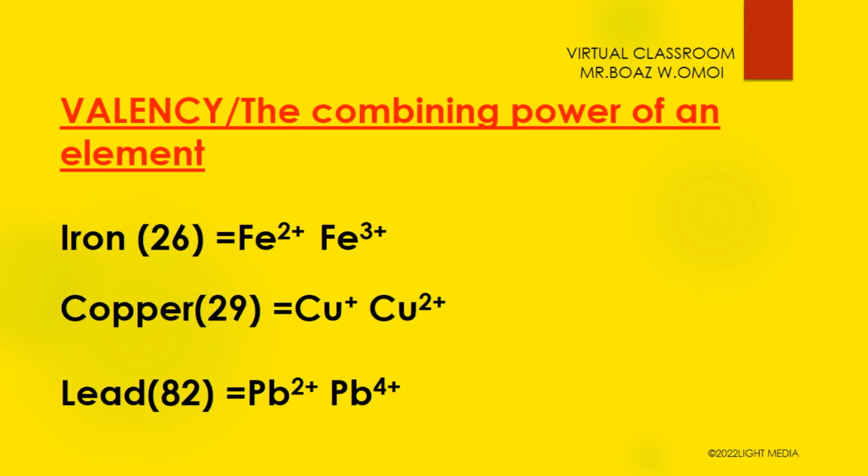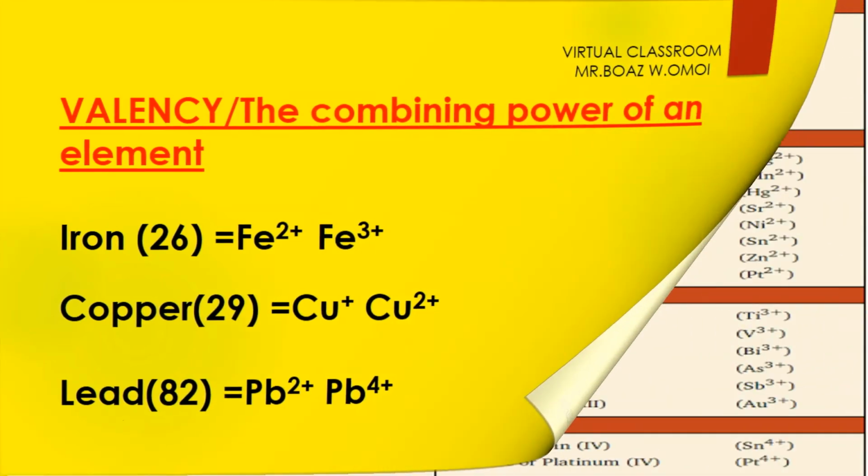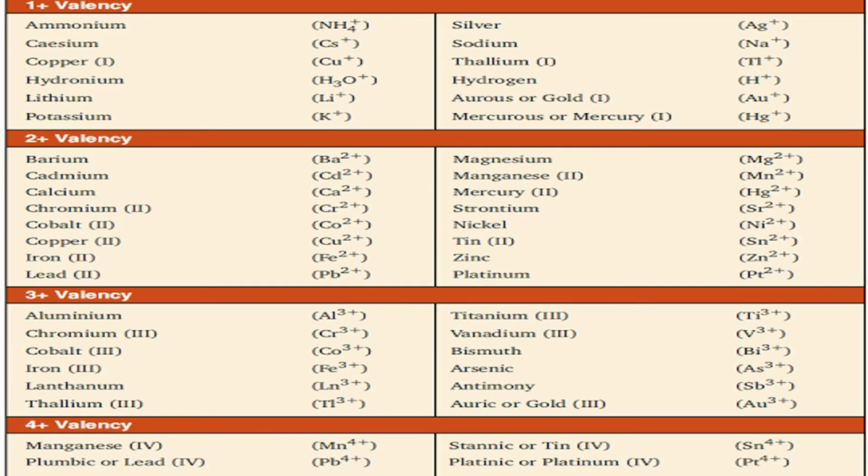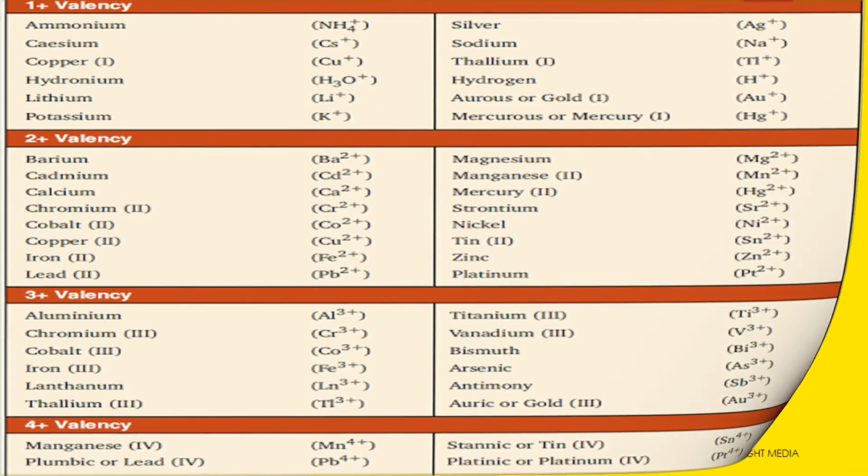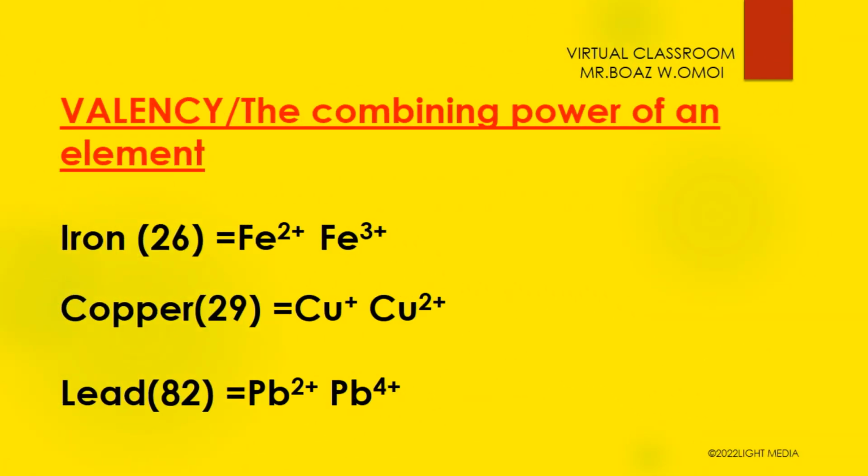And especially when we are writing chemical equations, we encounter these elements so many times. So ensure you know the valencies, they keep varying. So copper has 2 valencies, 1 or 2. Lead has a valency of 2 or 4, and iron can have a valency of 2 or 3. That is very, very important.